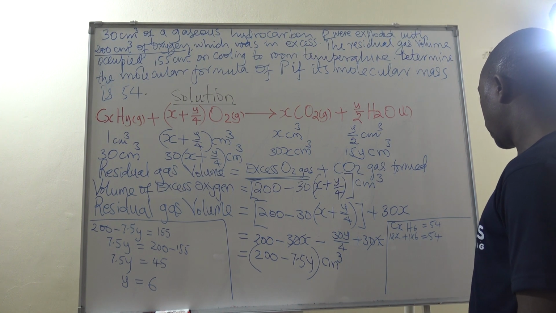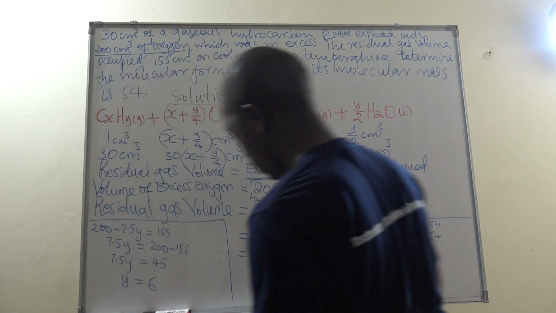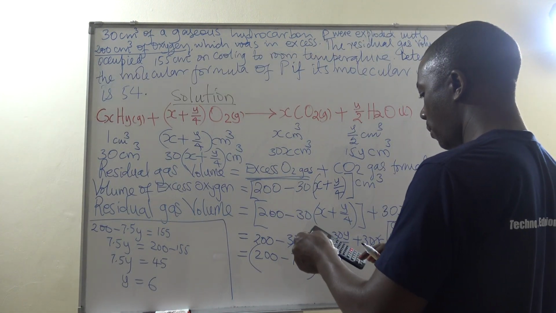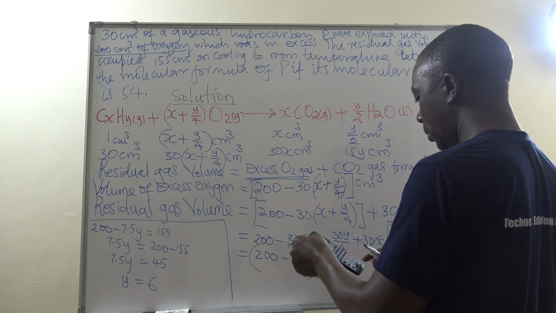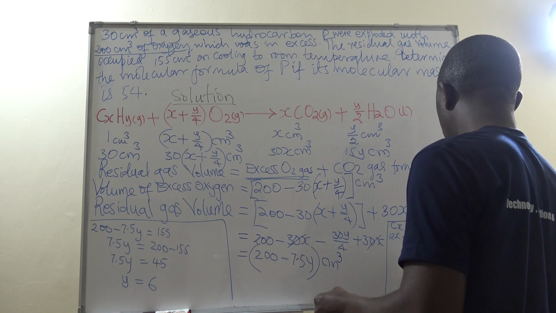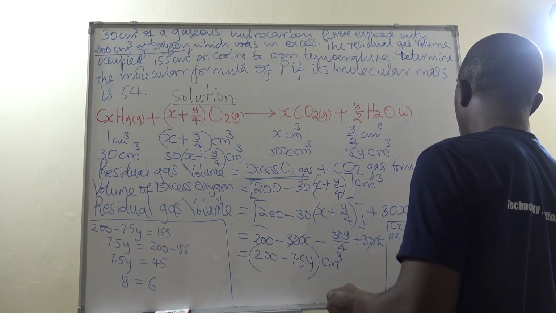So this is 54 minus 6. When you press on the calculator, 54 minus 6 obtains 48. So 12x equals 48.